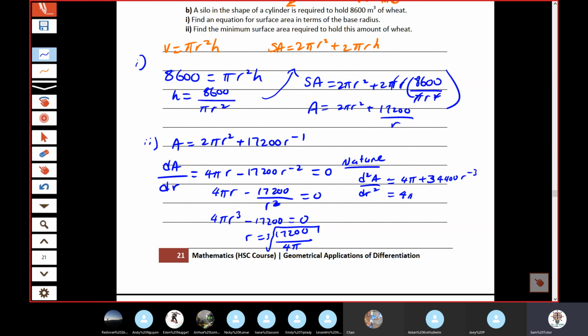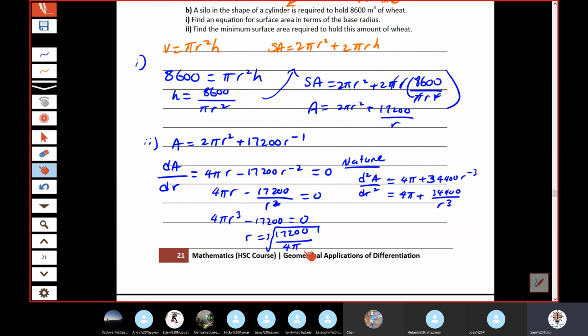Let's see if we all can understand what I'm about to say with this next line. Look, this number here, is it always positive, always negative, or we're not sure? I think it has to be positive.